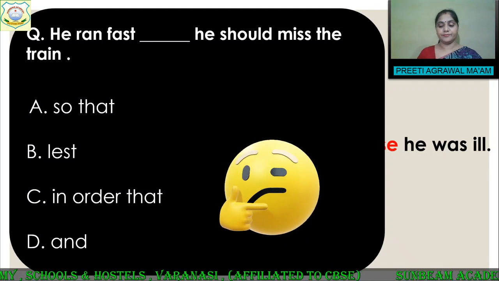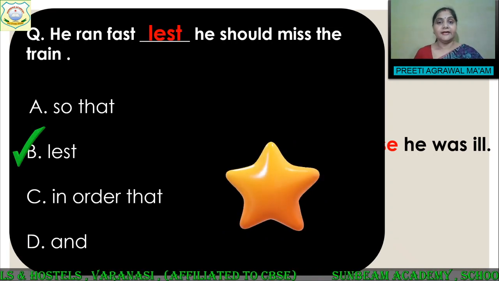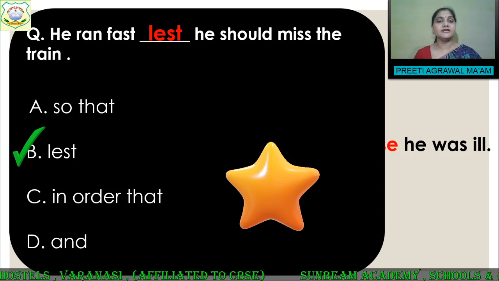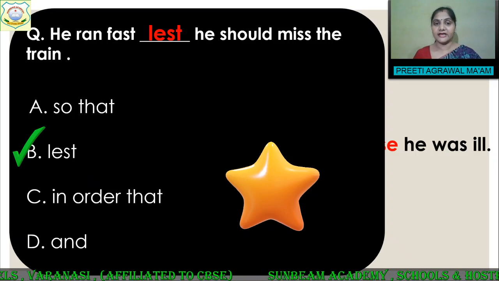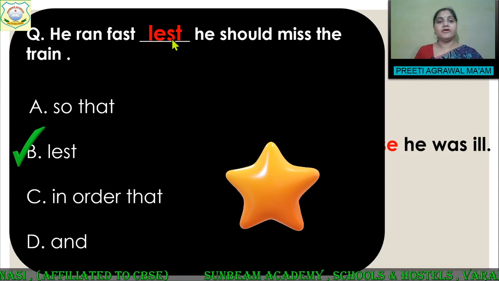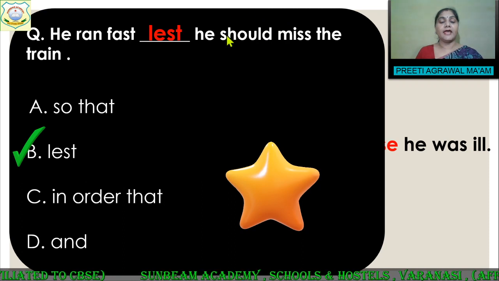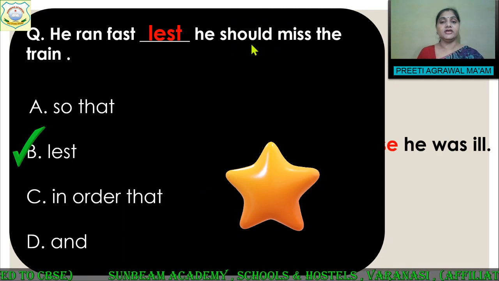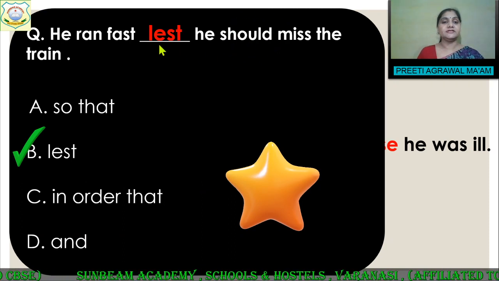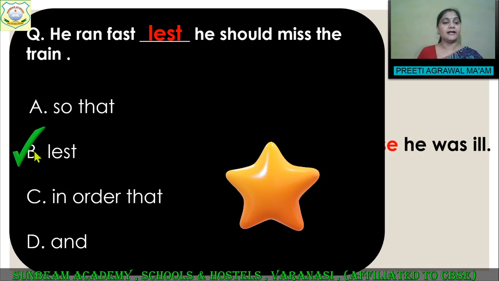Okay, let's see. Lest. He ran fast lest he should miss the train. I have told you that whenever you are using lest, the helping verb should must be there. So here should is written. Most probably out of these four, you should have thought that lest can be there.